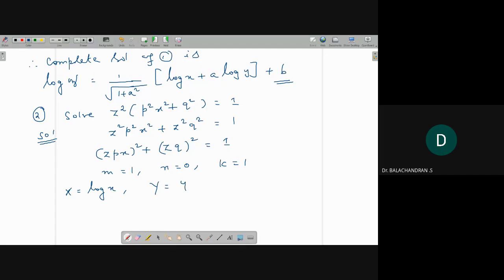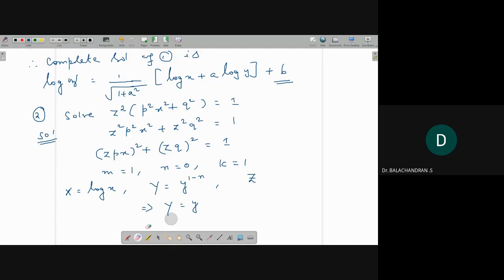Actually, capital Y is small y power (1 minus n). So n is 0, which implies capital Y is equal to small y. Next, capital Z is equal to log of small z when k is equal to minus 1.